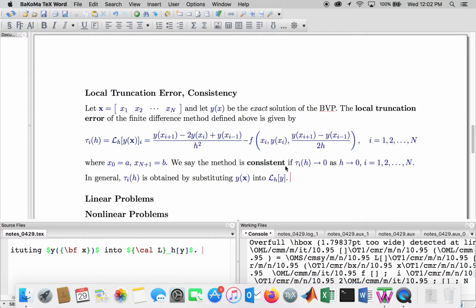And this definition applies for consistency, for whatever method.